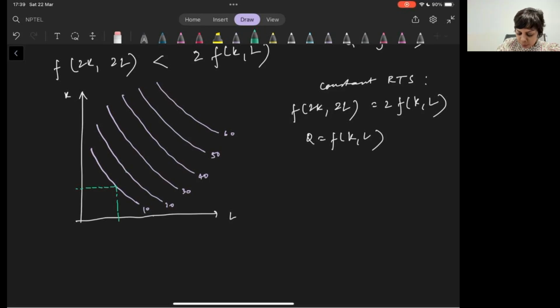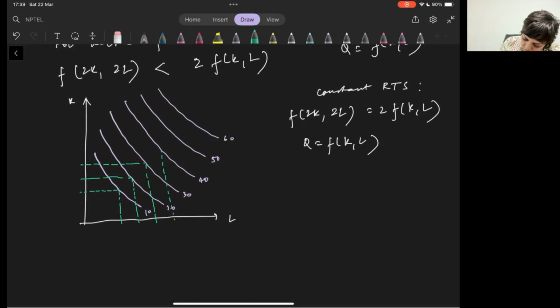This is not exactly double, but let's assume it is something like this. You're increasing labor and capital both by the same factor. It's not exactly equal, but I think my diagram is not so bad this time.